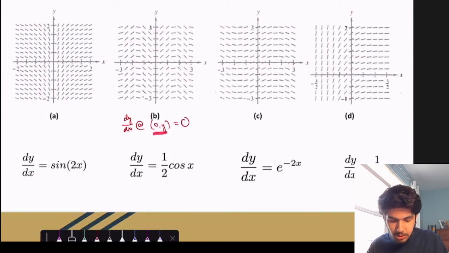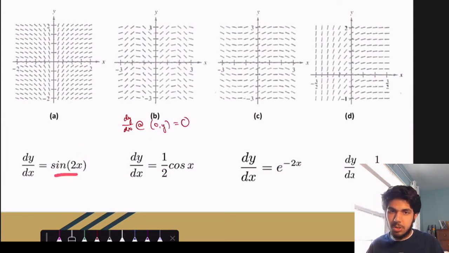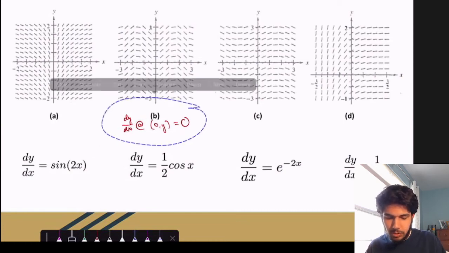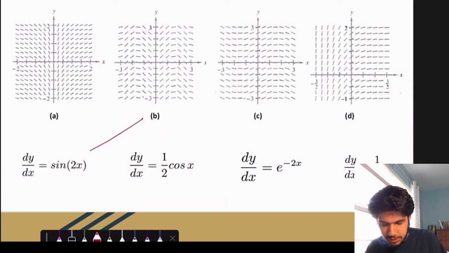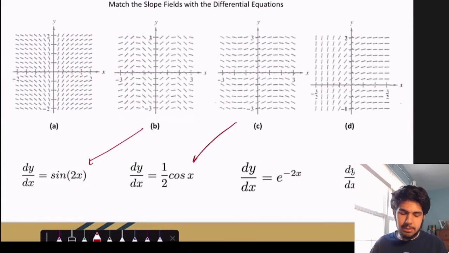If we put 0 for x into this equation, cosine of 0 is 1, and 1 times a half is a half, which is not equal to 0. But if we put x equals 0 into here, then we get sine of 0, which is equal to 0. So B matches to the sine of 2x. So let's make that connection here. And we expect C to match with this cosine because of the shape of it.